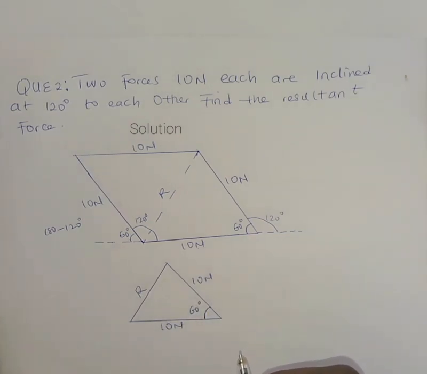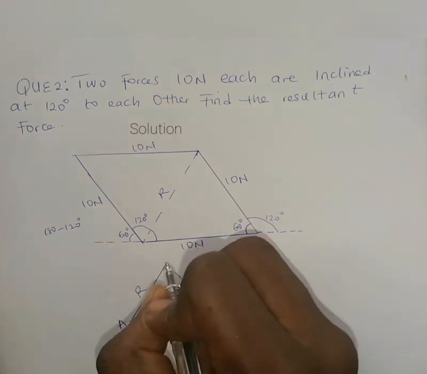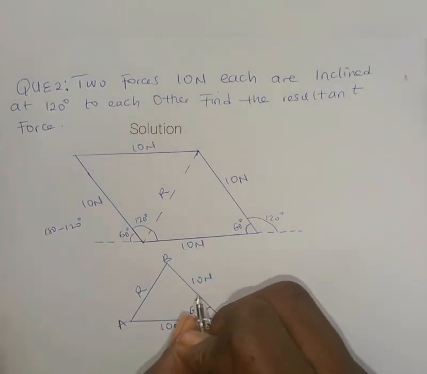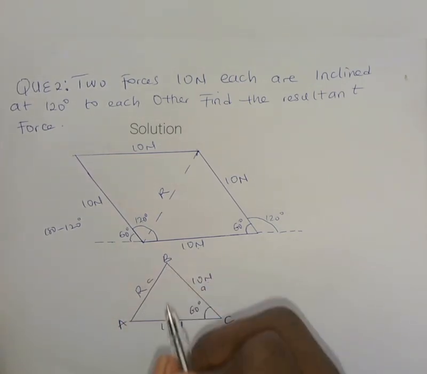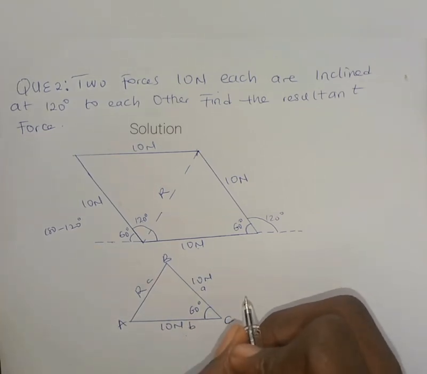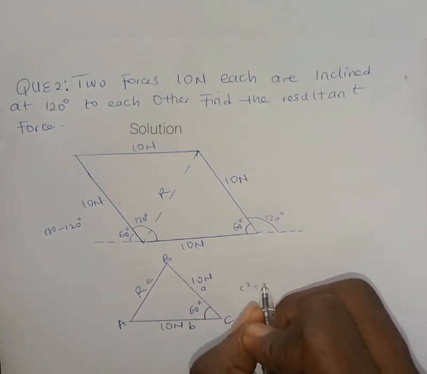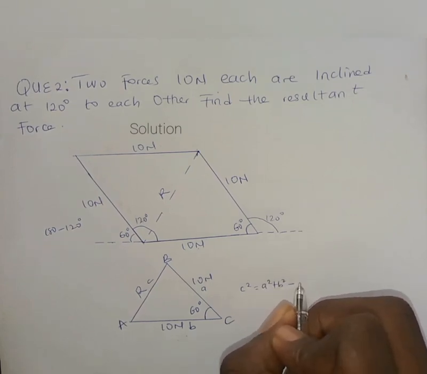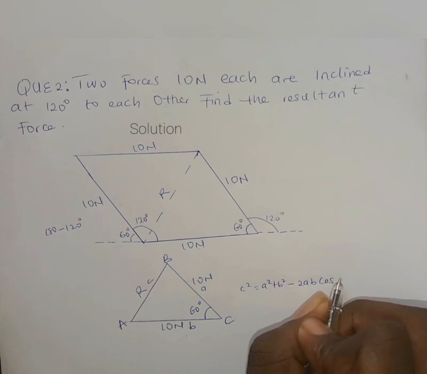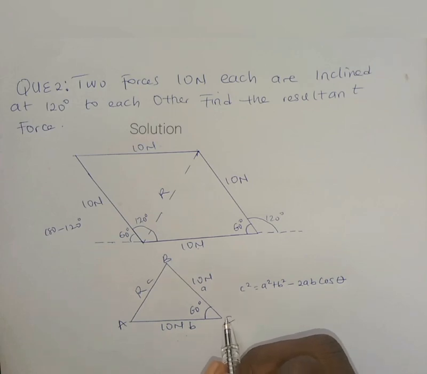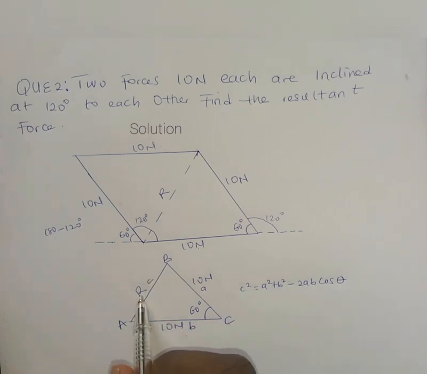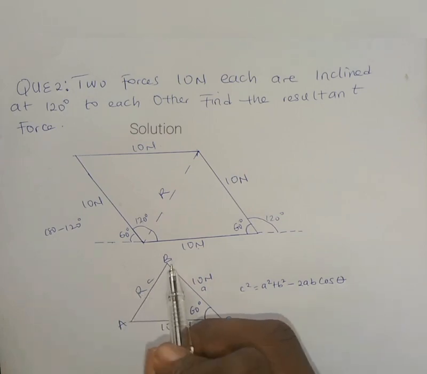So using the cosine rule formula, we need to label this place A, B, C. The side facing capital A is small a, the side facing capital C is small c, and the side facing capital B is small b. So the cosine rule formula goes this way: c squared equals a squared plus b squared minus 2ab cos theta. The place facing capital letter C is small c, and small c is R, the resultant, which is what we are looking for.